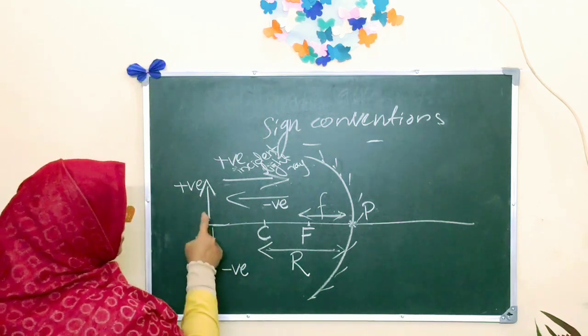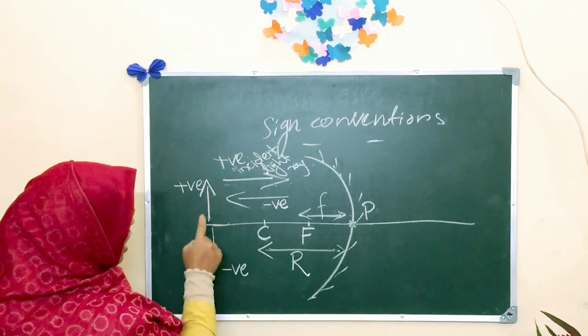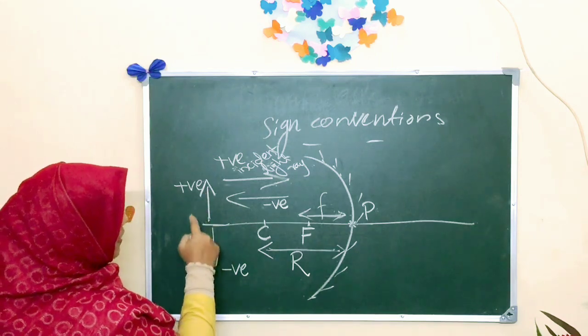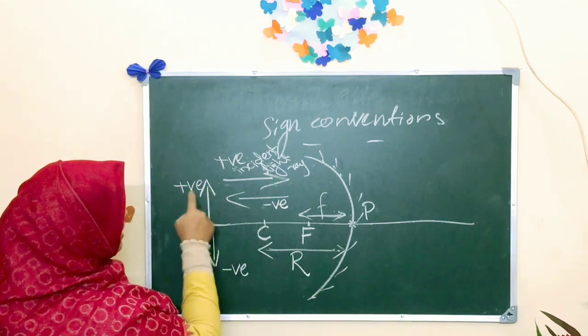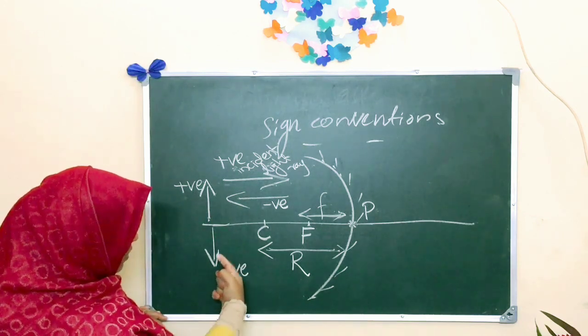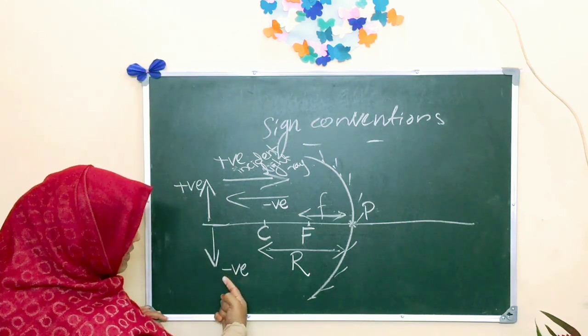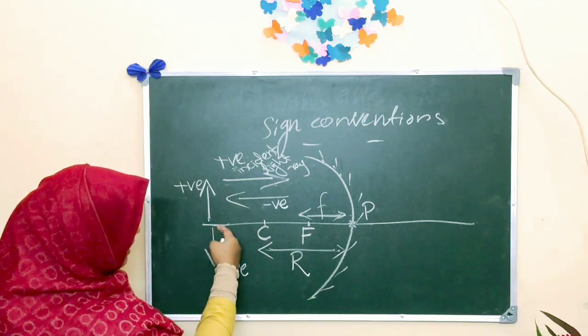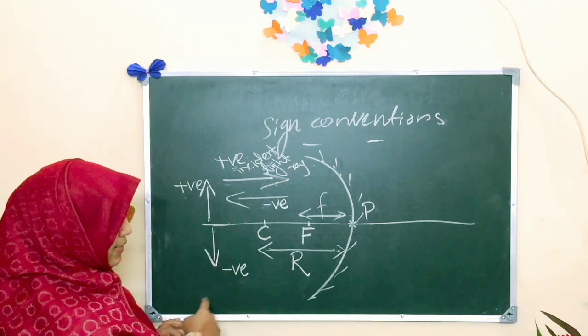Third one, upward heights or upward distances perpendicular to the principal axis are taken as positive, and downward heights or downward distances perpendicular to the principal axis are taken as negative.